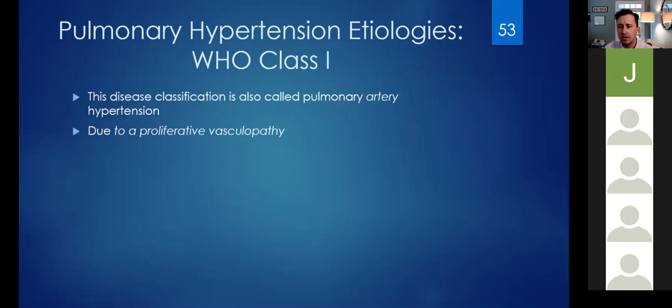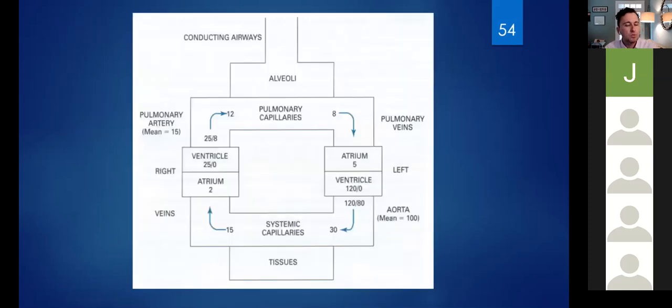And as these small vessels hypertrophy, fibrosis can develop. There's vasoconstriction. You can get microthromboses. All those just kind of feed on each other, making things worse. So in our schematic here, our problem for class 1 is here. So it's going to be our small pulmonary arteries leading into the arterioles before we get to the capillary system.